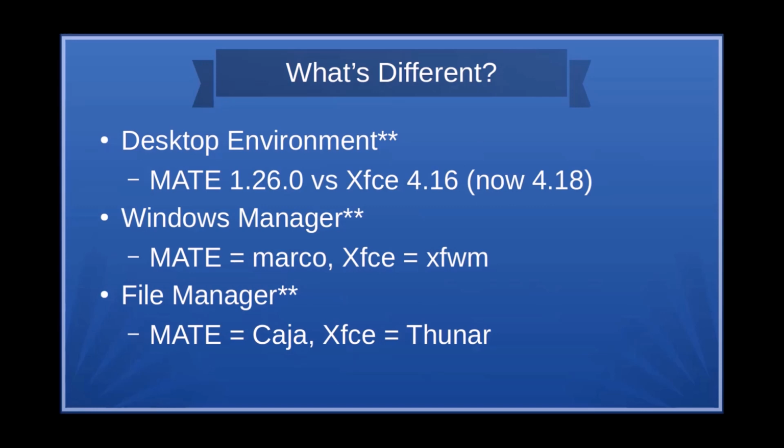Their file manager, we've kind of talked about those before. MATE uses the one called Caja, and Xfce uses Thunar. Interesting, both are kind of based off of Nautilus, the GNOME file manager, but they made their tweaks. One important thing to point out is that in the 4.18 that just came out, Thunar now has split screens.